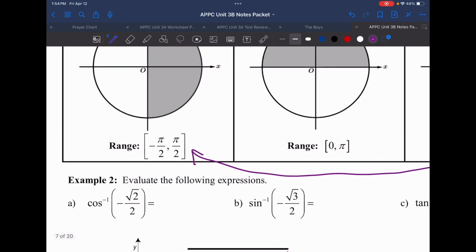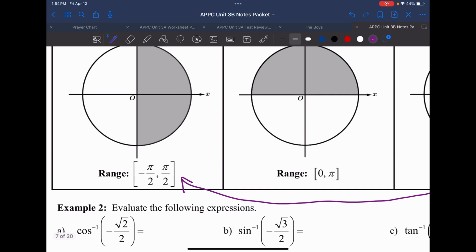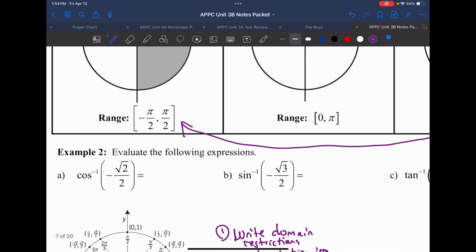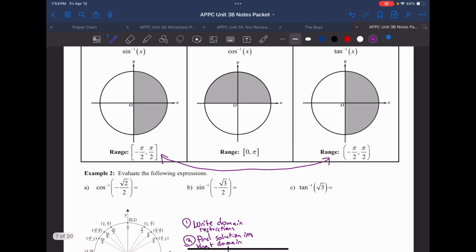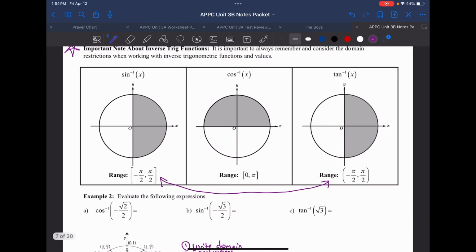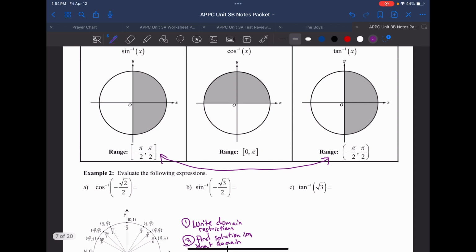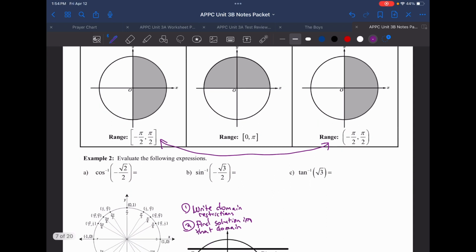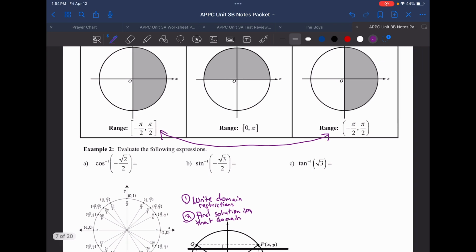Well, if I go up here, I'm working with arc cosine on part A, and I know the range is going to be from 0 to pi. So I'm only looking for outputs from 0 to pi, this top half of your unit circle.